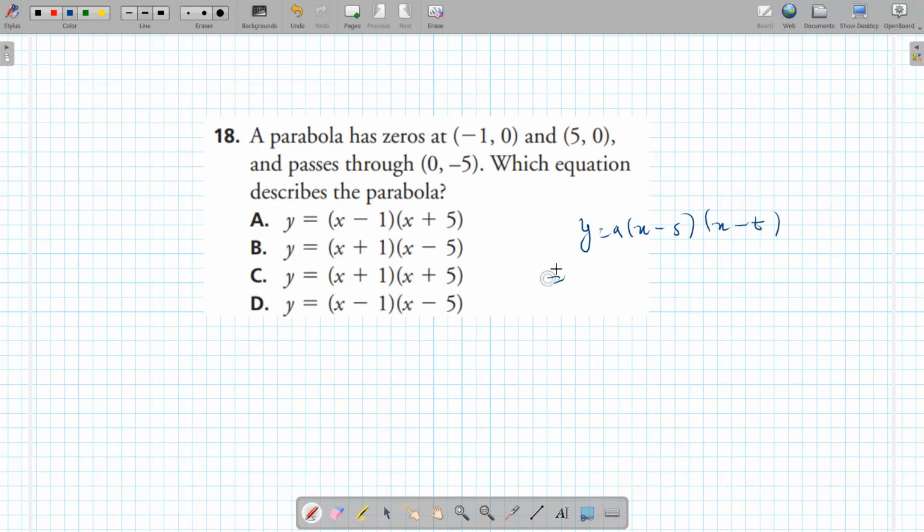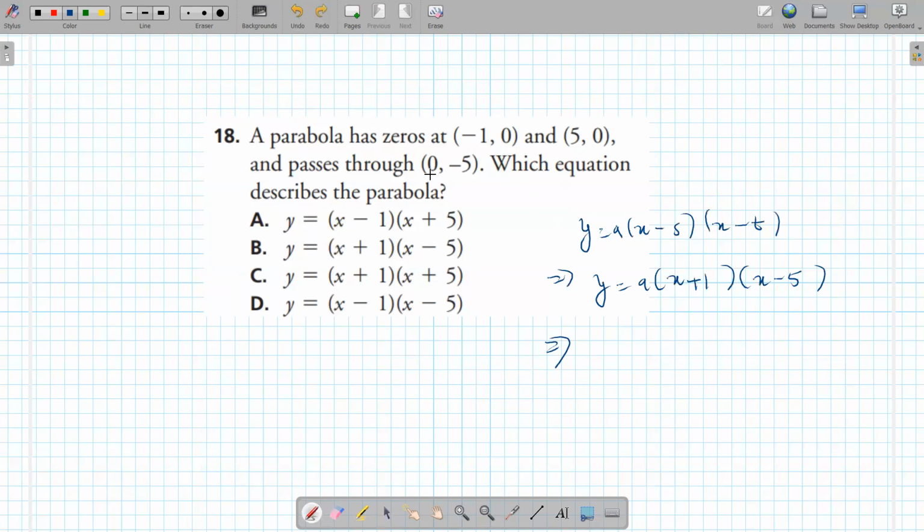If you plug in the two x-intercepts, what does this become? If you plug -1 in there, what does it become? It becomes +1. 5 becomes -5. Now to find the a value, it looks like it's gonna be 1 because none of them have any a values.